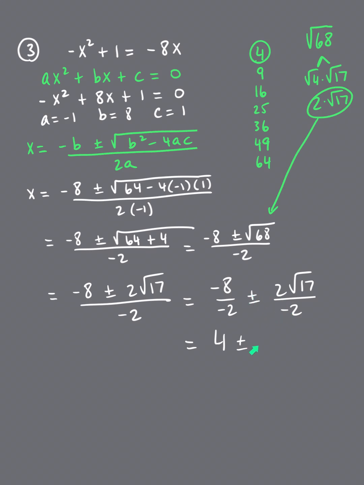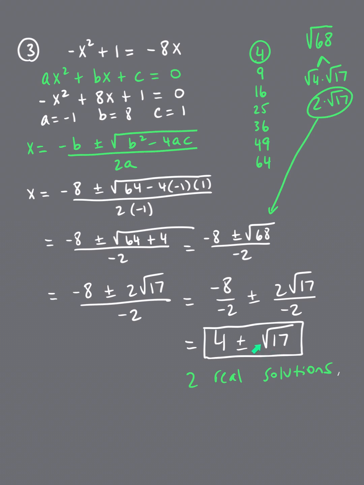So we leave the negative off at this point because we're going to add and subtract anyway. So we're going to just do the square root of 17. Since it's 1 times the square root of 17, we don't write the 1 down. It's understood. So this is our final answer. Now you can see that we still have 2 real solutions here.